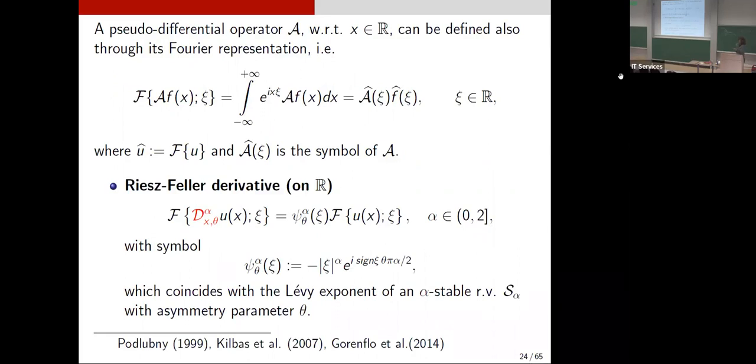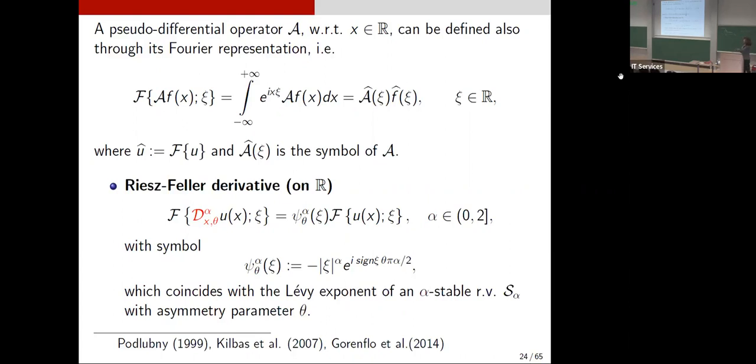So when we replace the second order derivative in the heat equation, we will use this operator, the Riesz-Feller derivative. In this case, it is on R, and the order alpha is in (0,2).